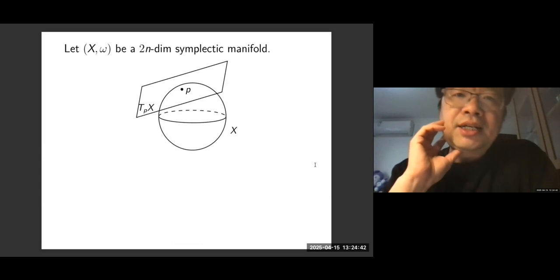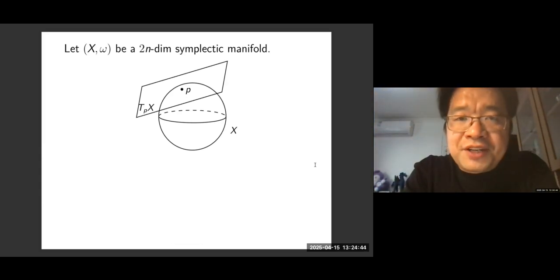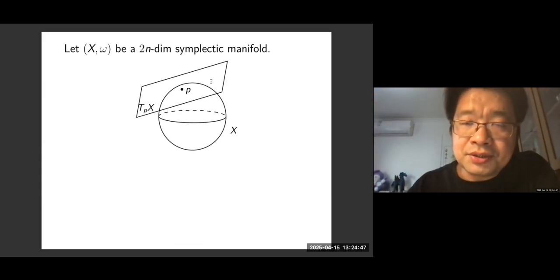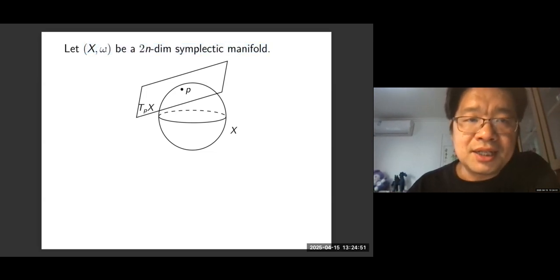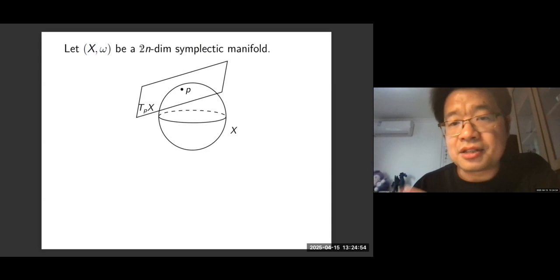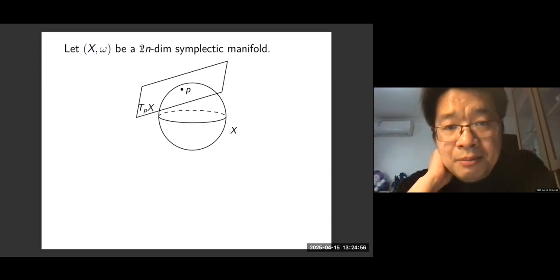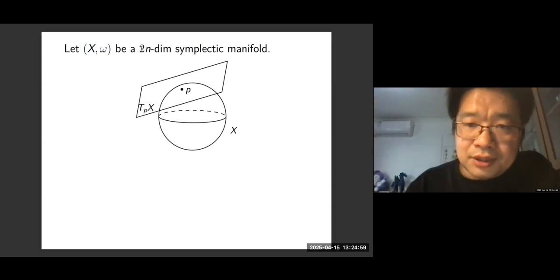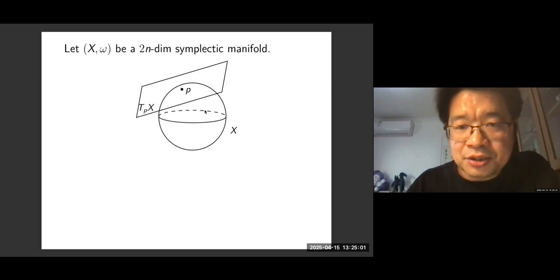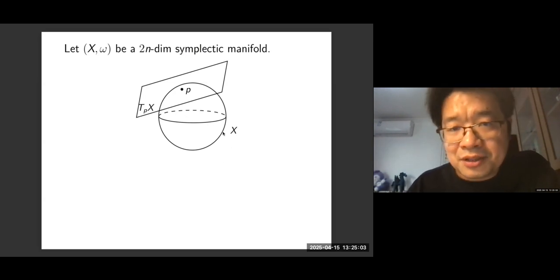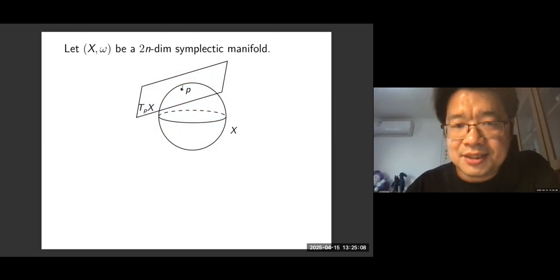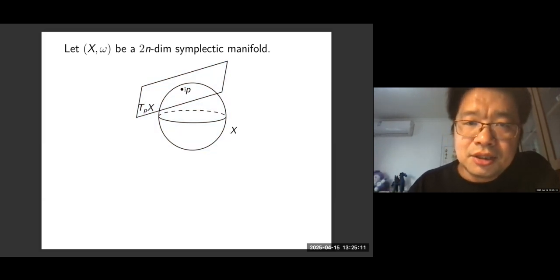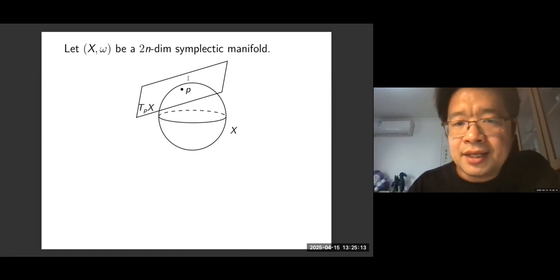First, I can work with a more general phase space given by a 2n-dimensional symplectic manifold. So X is my phase space, and omega is my symplectic form. So this is like a curved space. But in general, this is a picture for the two-sphere. So it is curved, but locally around any point, the tangent plane is a linear symplectic space. So locally it looks linear, and it becomes the setup we have been discussing.